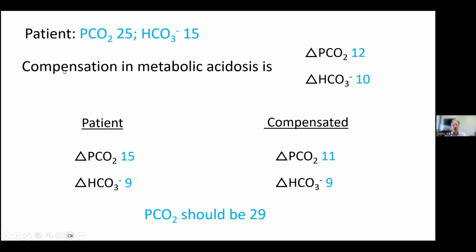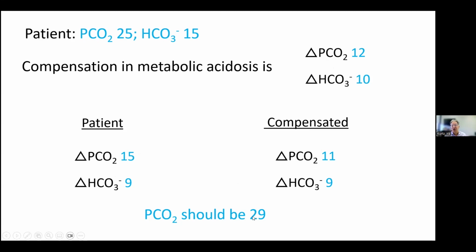Remember that the normal compensation in metabolic acidosis is that for every 10 fall in the bicarbonate, the PCO2 should fall by 12. So our patient has a fall in bicarbonate of 9 and the PCO2 fell by 15. The question is, for a fall of 9, what should the PCO2 be? Well, it should be down by 11.